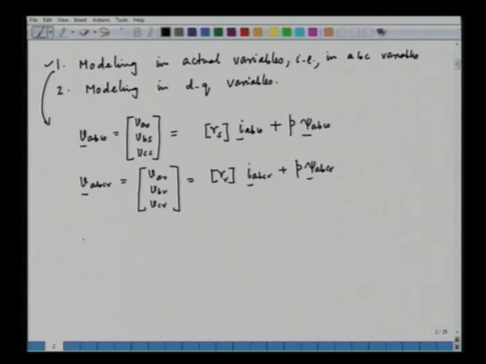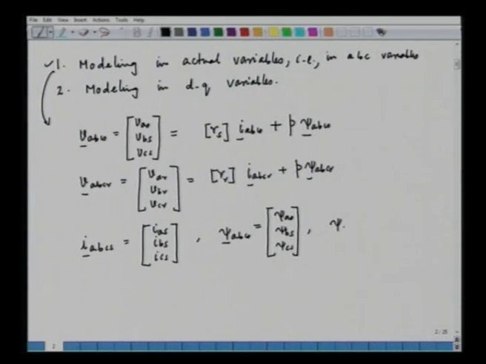And here we have already seen that IABCS has got 3 components, IAS, IBS, ICS, and psi ABCS is also a vector which has got 3 components, psi AS, psi BS, and psi CS, and psi ABCR, the rotor flux linkage, is also a vector which has got 3 elements: the phase A flux linkage, phase B flux linkage, and phase C flux linkage.